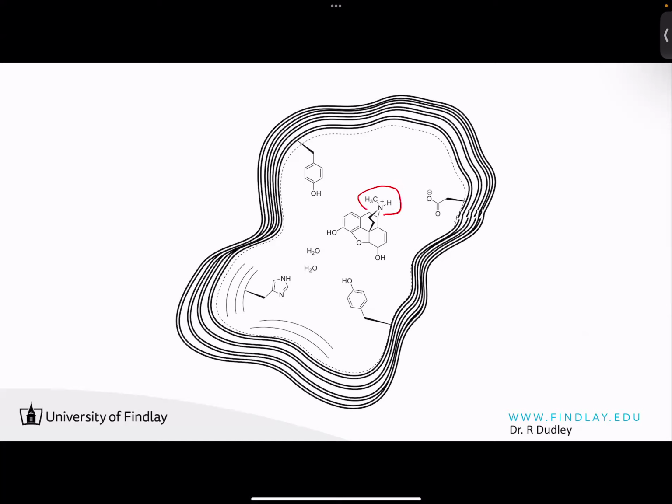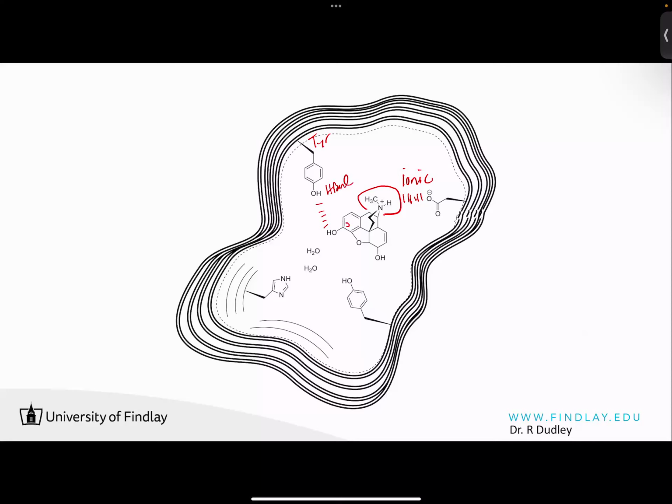as we expected, here's the positive charge, and then there's an aspartic acid residue forming that ionic interaction. Here is a tyrosine residue in the ligand binding domain. And guess what? That is going to H bond with the alcohol at the 3 position.